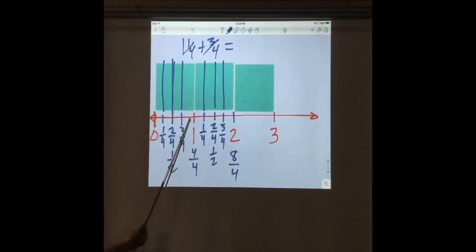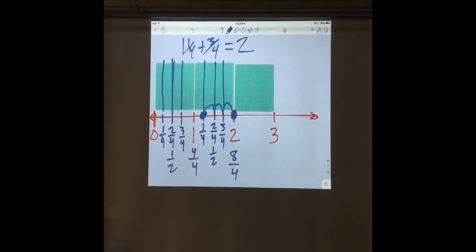Well, we're going to go over 1, and we're going to go over how much more? 1/4, right? So we're going to put our dot here, and then we're going to add how many fourths? 3 of them. So we go like this: 1, 2, 3. So what's our answer going to be? 2 wholes.